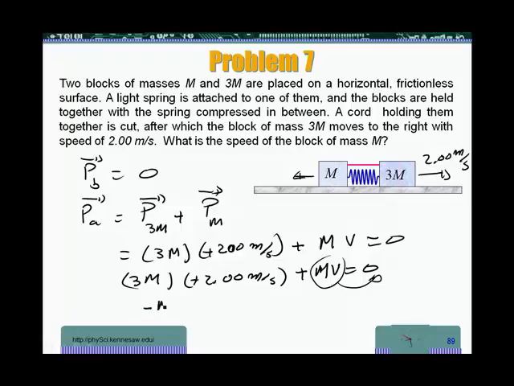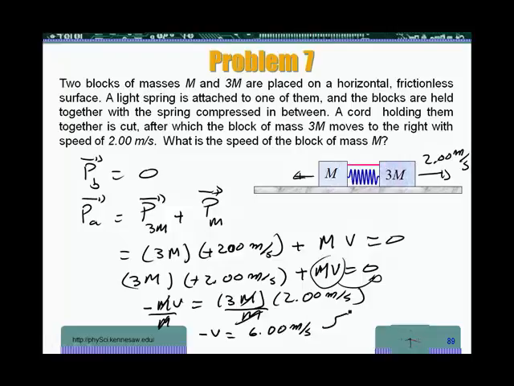So I have minus mv is equal to 3m times 2.00 meters per second. I'm going to divide both sides by m, so the m's cancel out, and we are left with minus v equal to 3 times 2 meters per second, which is 6 meters per second, which means v is minus 6 meters per second.